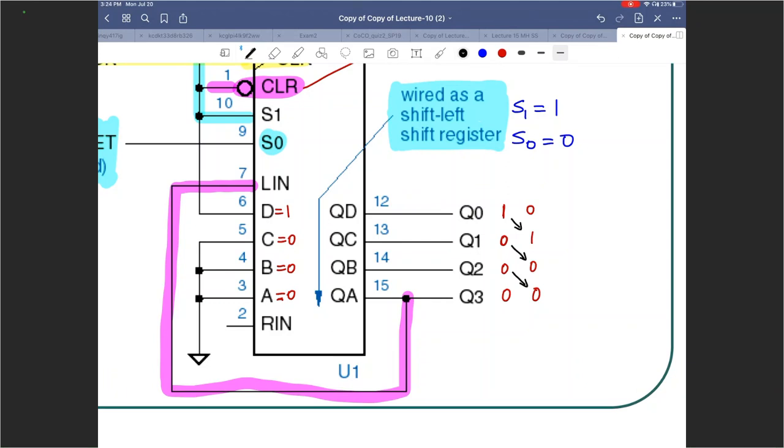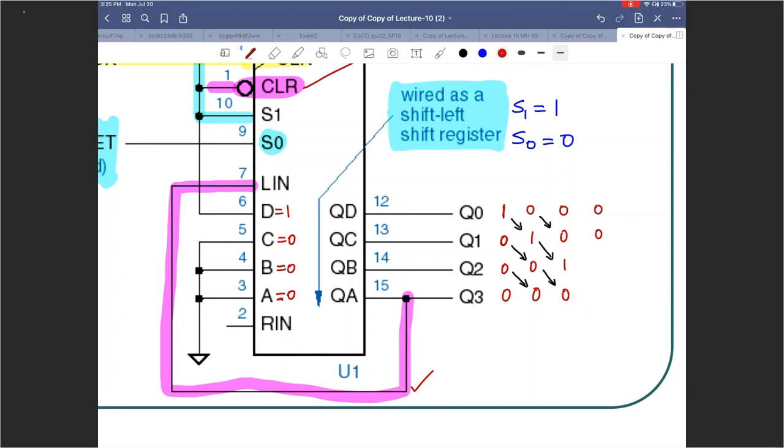After the next positive edge, again, your left input is still 0. So that same 0 based on this wire will come back in. That 0 will move here, this one will move here, that 0 will move there. What happens next? After the next positive edge of the clock, still QA is 0. So again another 0.